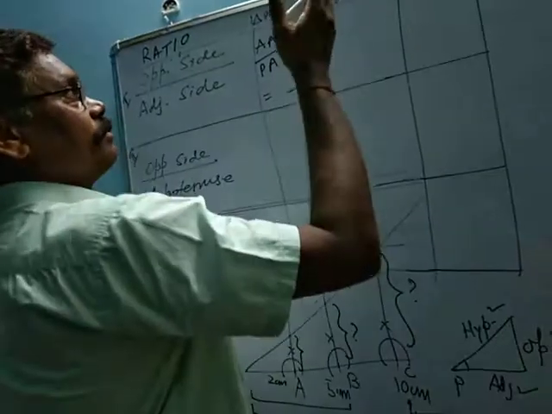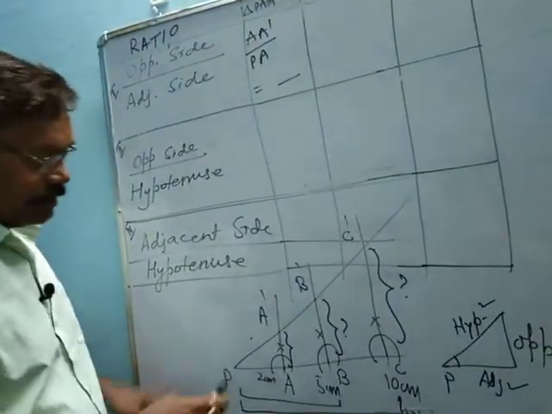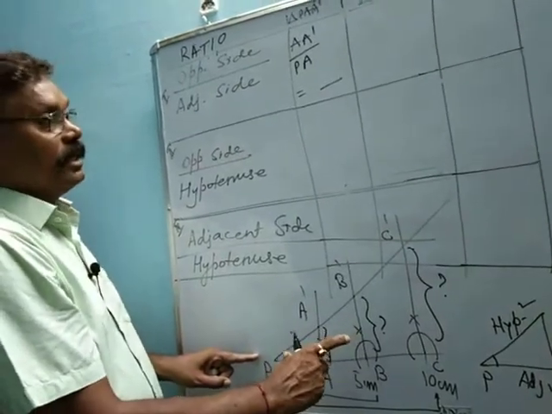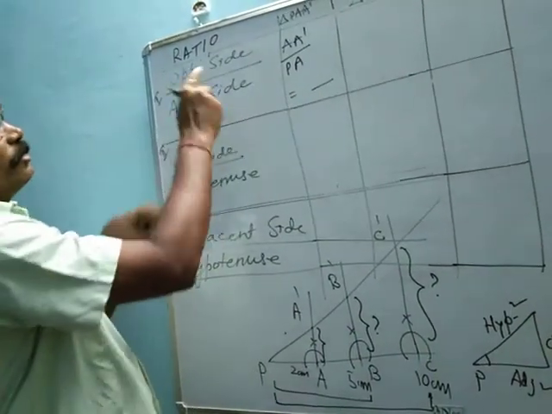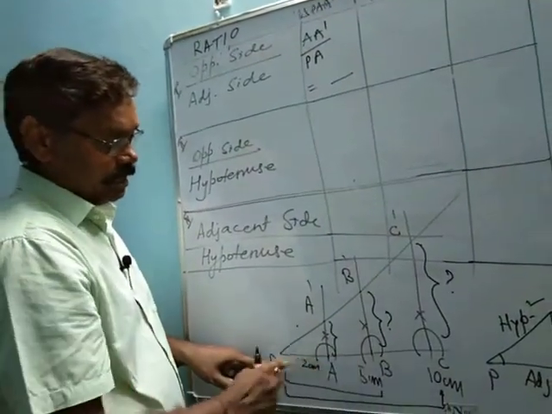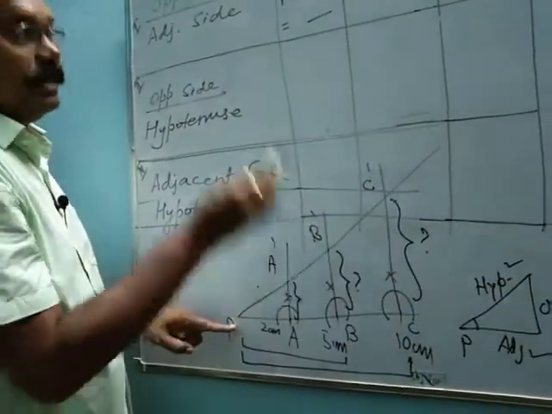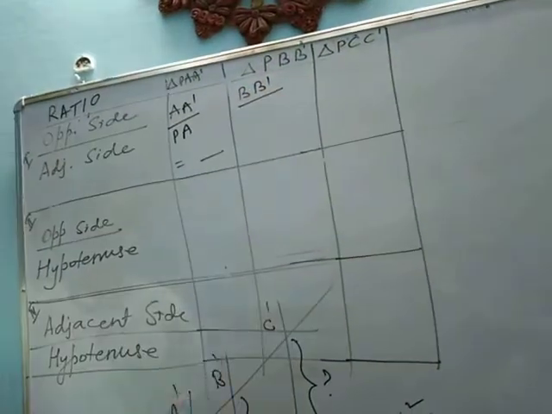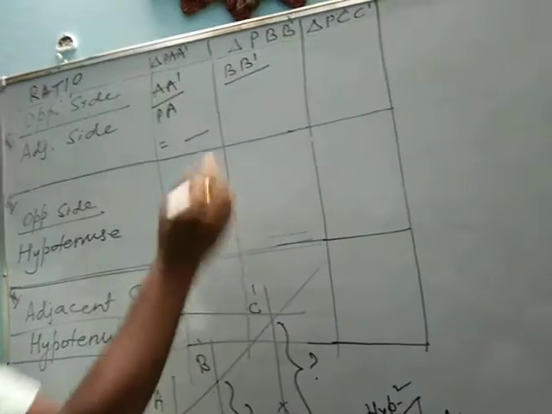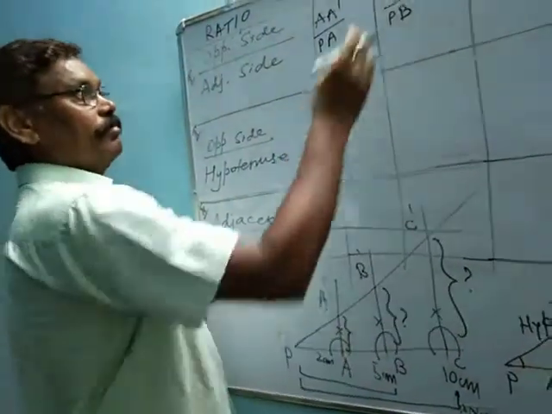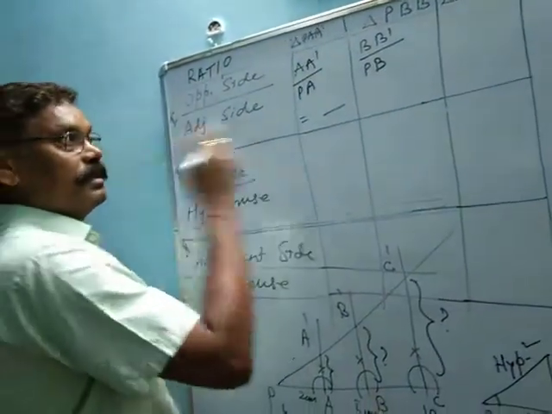Second time you go for PBB dash. PBB dash, I am talking about the bigger triangle. In this also we will take the same ratio, opposite side upon adjacent side. So in the bigger triangle opposite side is BB dash. So I am taking BB dash upon adjacent. Adjacent is PB. Luckily we deliberately took 2, 5, 10, so PB will be 5 cm.